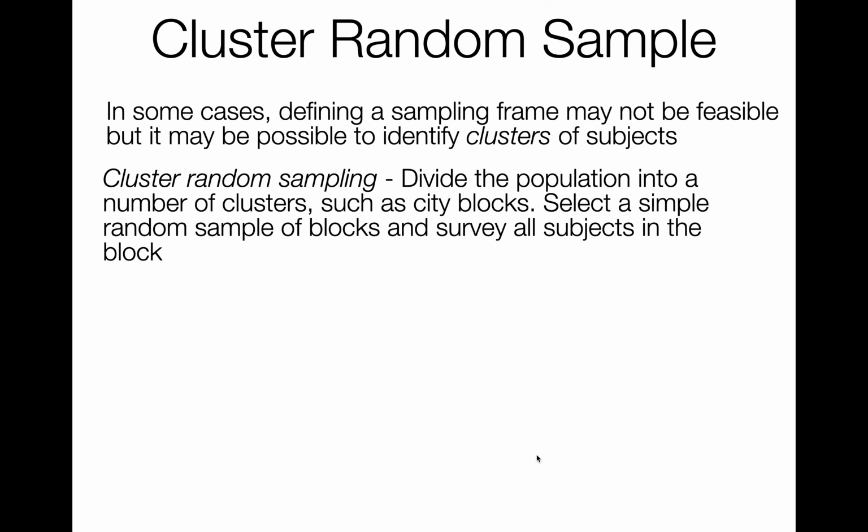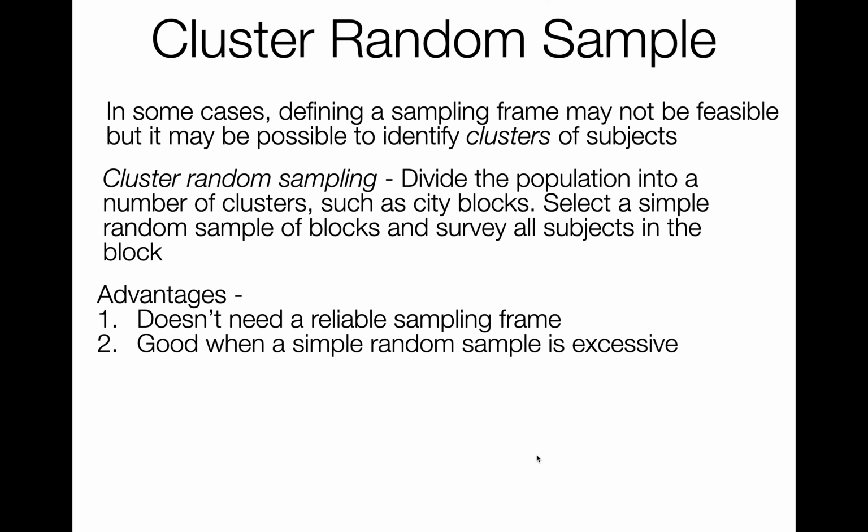So, for instance, if I had 10 city blocks that I were looking at, I could randomly sample 2 of them from 1 to 10, and then try to survey all people on those 2 random city blocks. That's my dog in the back barking. If you could hear that, I apologize.